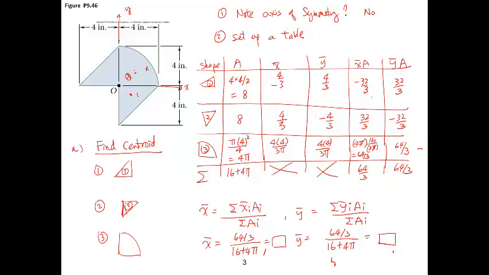We can quickly punch it into the calculator and see what number we get. 64 divided by 3 divided by 16 plus 4 times pi. It's about 0.75 inches.